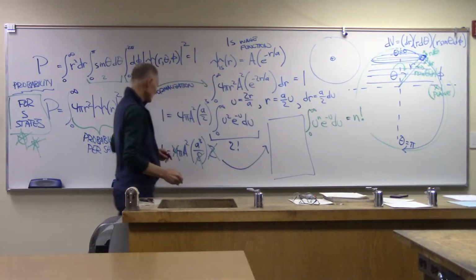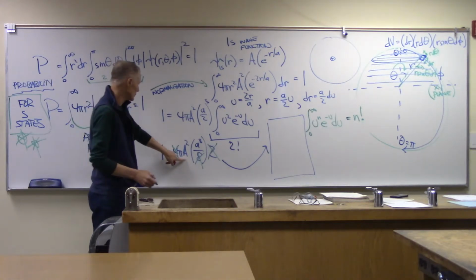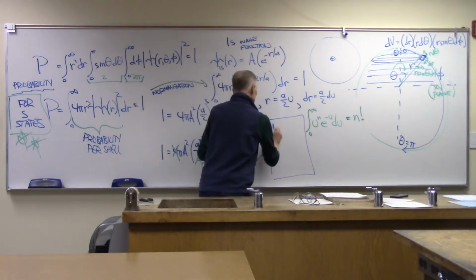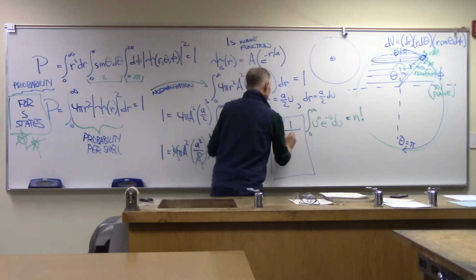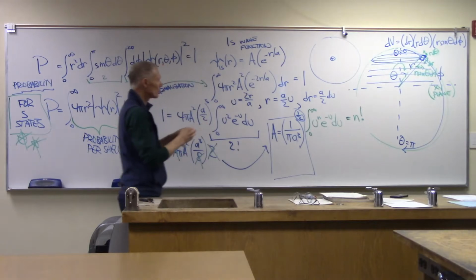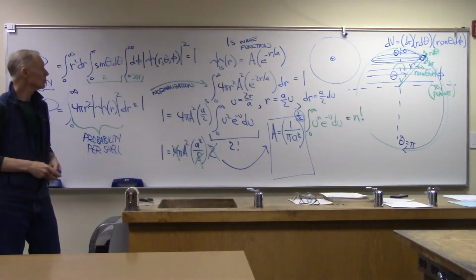And it looks like what A is going to be equal to, A will equal 1 over pi a to the third, square root. Okay, so there's a 1/2 power. So there we go.